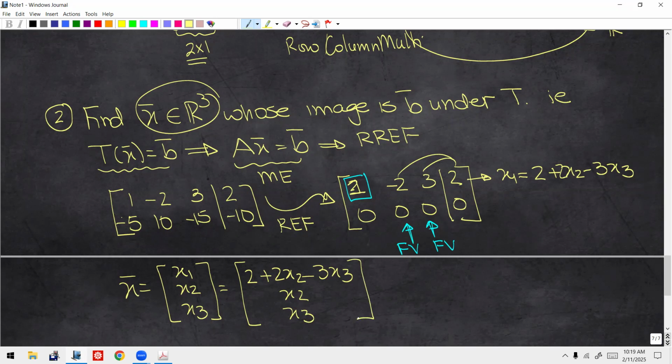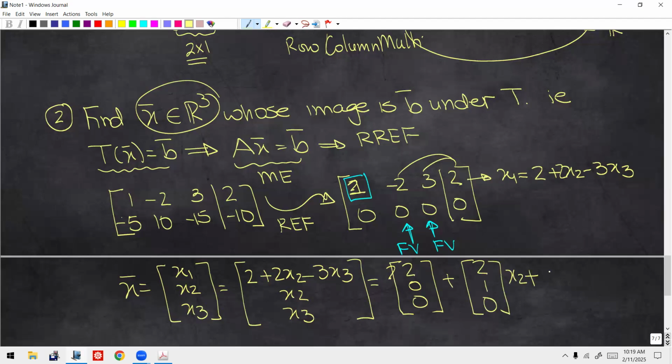Now, all we have to do here is pick X2 and X3 because they're free variables to anything. Remember, they want us to find one of these vectors. We can write it this way. I have 2, 0, 0, plus I have 2, 1, 0 times X2, plus I have -3, 0, 1 times X3.